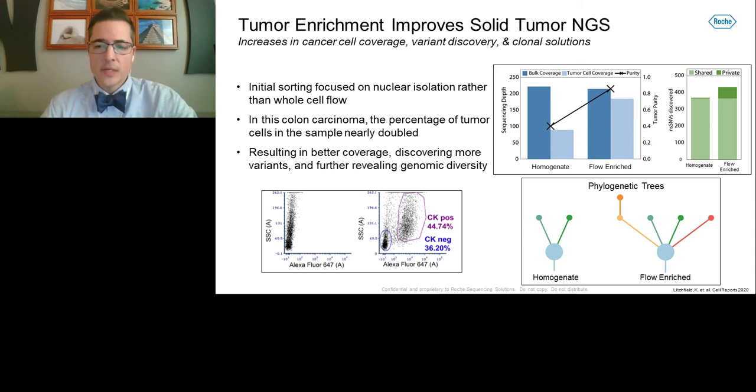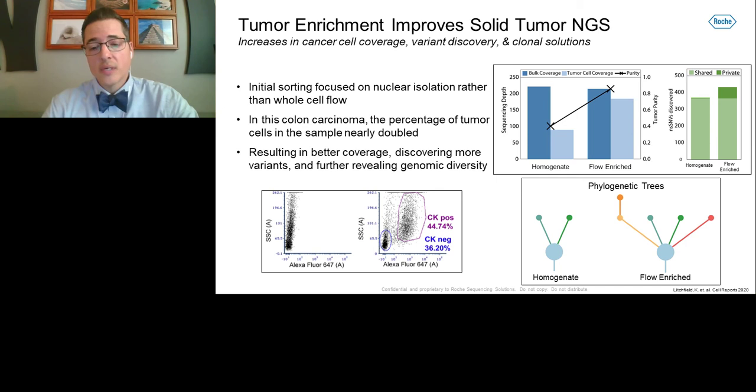More importantly, those 65 additional variants better enabled us to understand the complexity at the level of the phylogenetic tree of this specific case. You can see in the homogenate, we only really see 2 subclones, very similar to the kidney tumor that I showed you as our original test case. Whereas when we sort this tumor, we see that there are 3 additional clones that weren't even found in the homogenate.